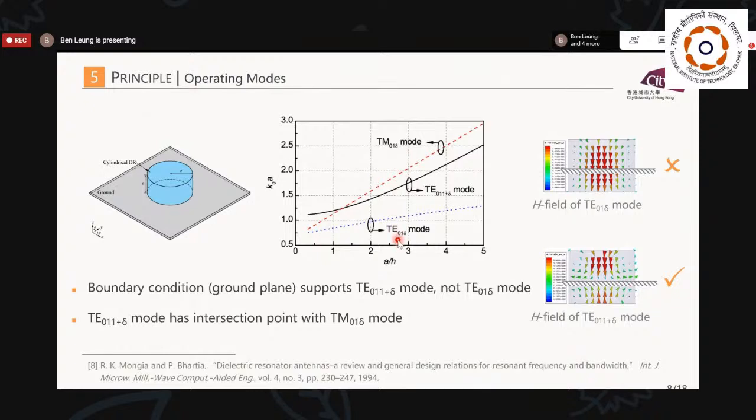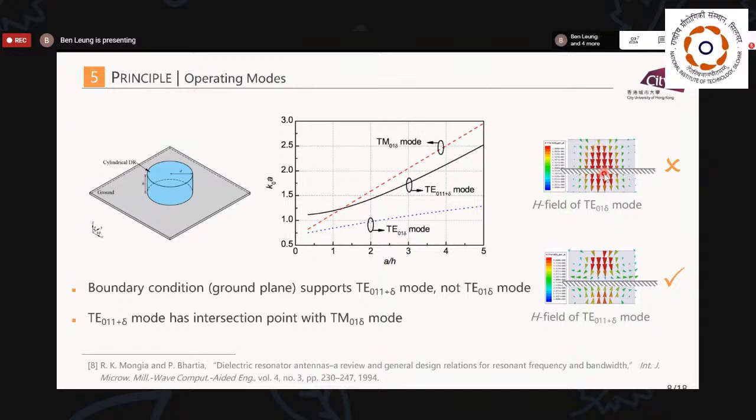But the larger problem is that actually the TE01 delta mode does not exist when the ground plane is here, supporting the DRA. Now, this is the mode of an isolated DRA. As we can see, the E field, excuse me, this H field.